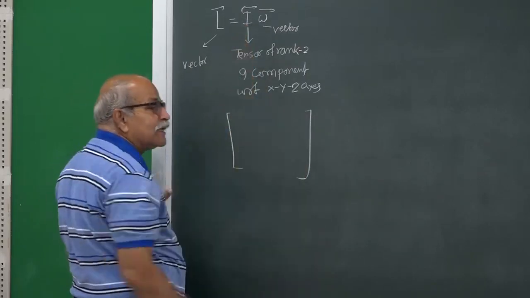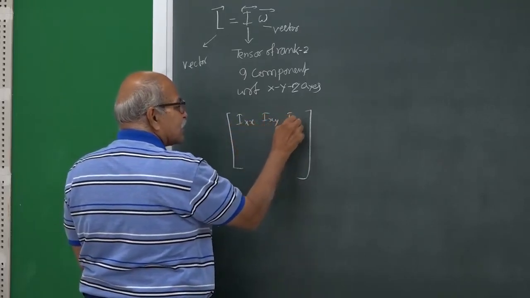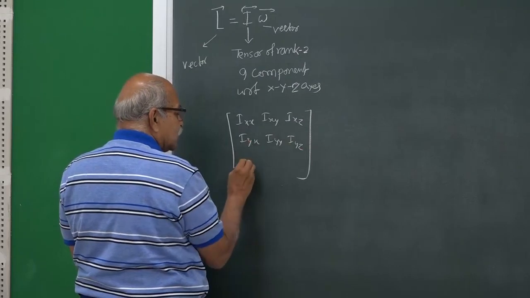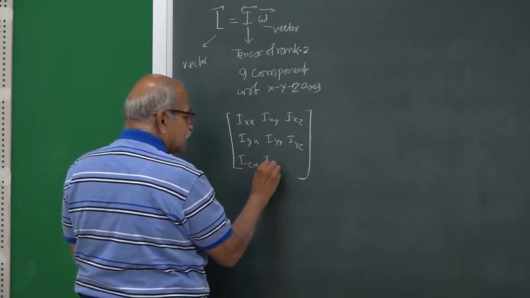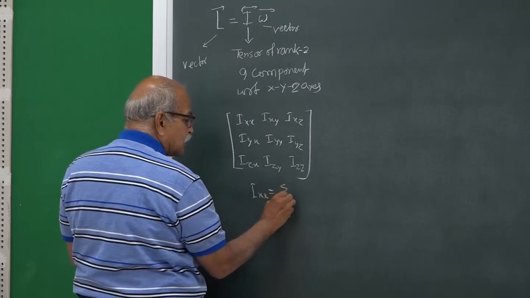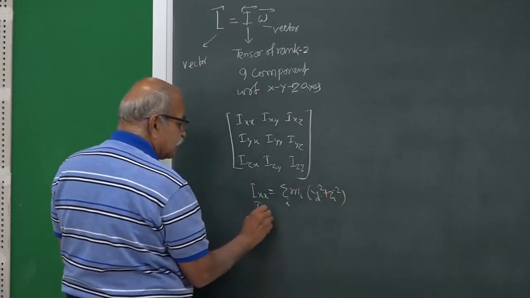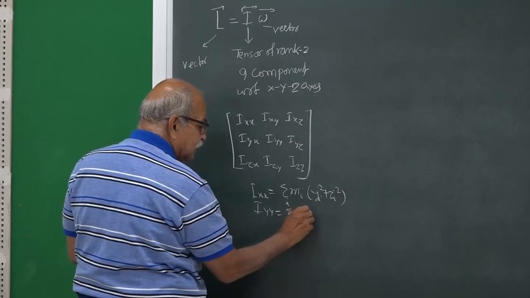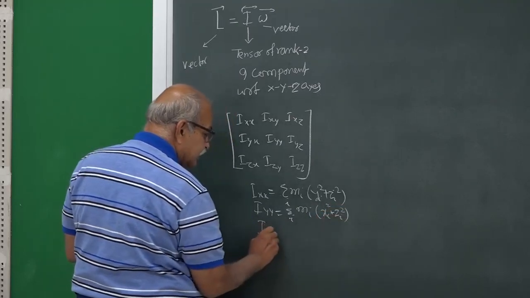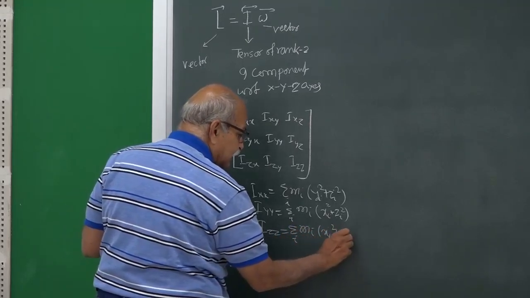We had this moment of inertia tensor, which is Ixx, Ixy, Ixz, Iyx, Iyy, and Iyz, and then you have Izx and Izy and Izz, with Ixx equal to summation over i m_i (y_i squared plus z_i squared), and similarly Iyy is summation over i m_i (x_i squared plus z_i squared), Izz as summation over i m_i (x_i squared plus y_i squared).